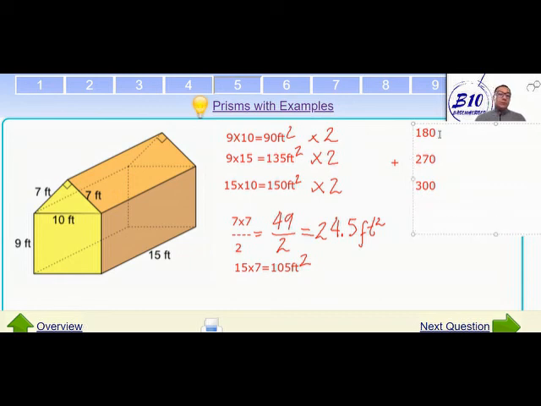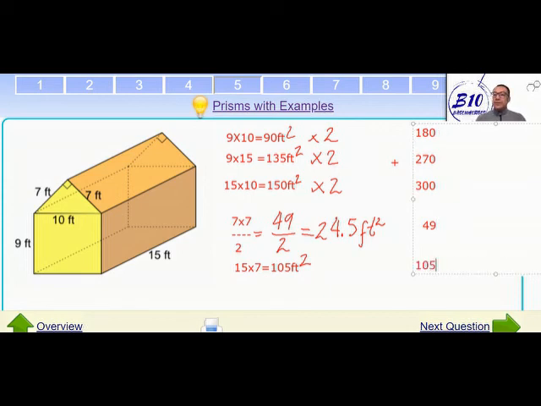Now notice that the thing with the triangle is that we have to divide by 2 because it's a formula, but because there are two congruent faces, well, we come back to the beginning. So I prefer to do it than skipping this step and saying, hey, where did this come from? So it's 49. This will be somewhere around here. And we have 105.